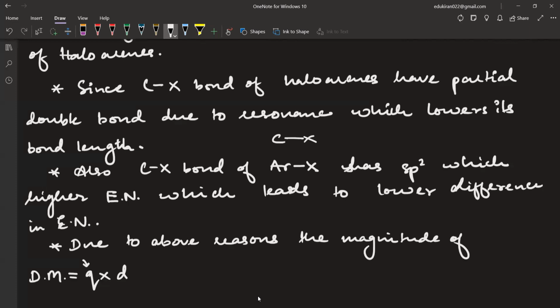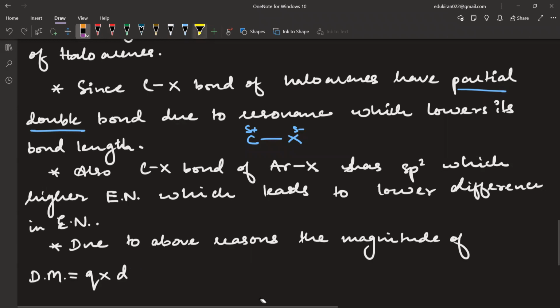Since you have a C-X bond, the delta positive and delta negative will not be very high here. They will be very low. And the next is distance. Since you have a partial double bond, which lowers the bond length, the distance between the positive and negative charge will be lower, and hence the magnitude of dipole moment will decrease.